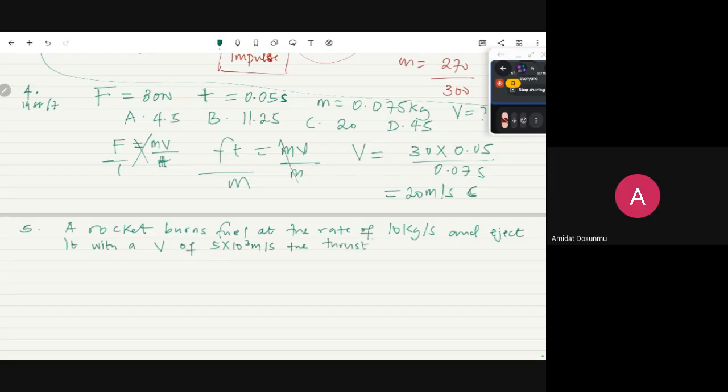The thrust exerted by the gas in the rocket is: A, 2.5 times 10 raised to power 3 Newton, B, 5 times 10 raised to power 4 Newton, C, 5.0 times 10 raised to power 2 Newton, D, 2.0 times 10 raised to power minus 3 Newton. Okay, let's try this quickly. 1 minute.